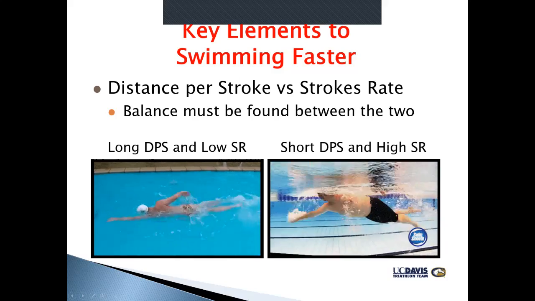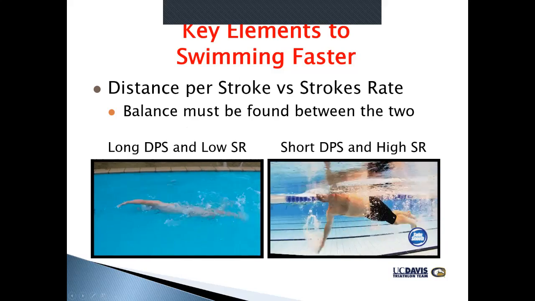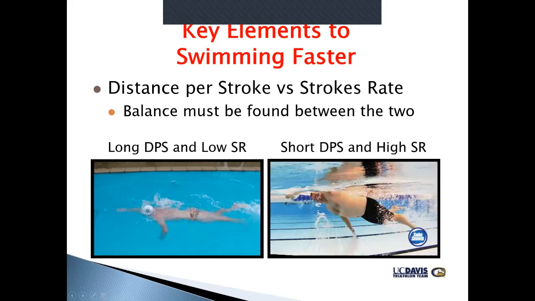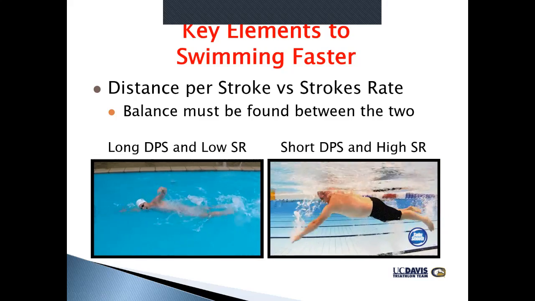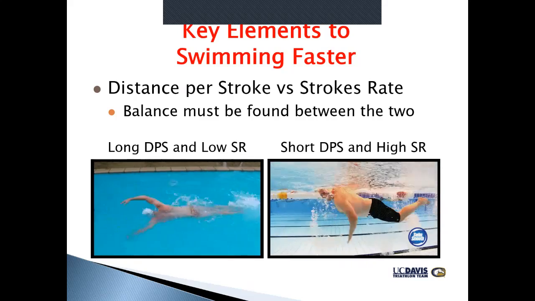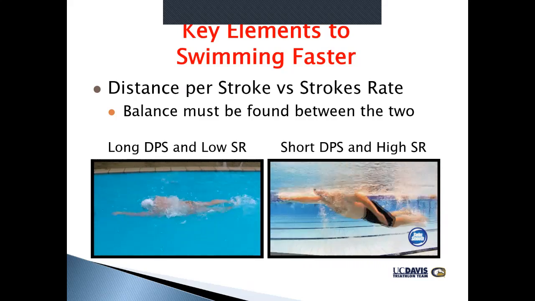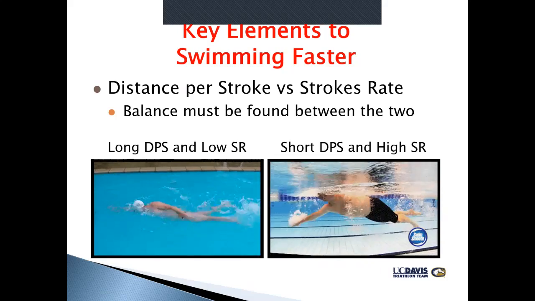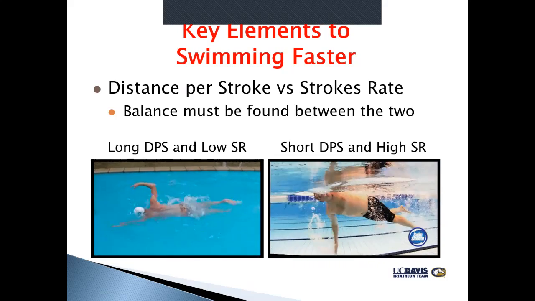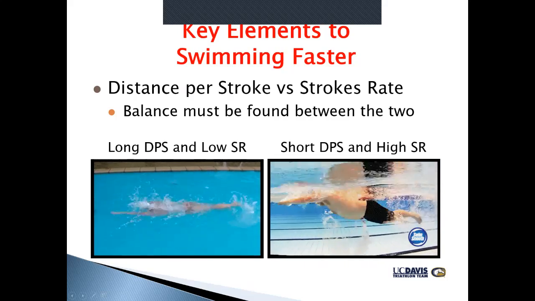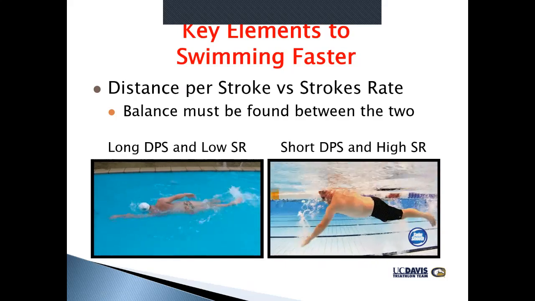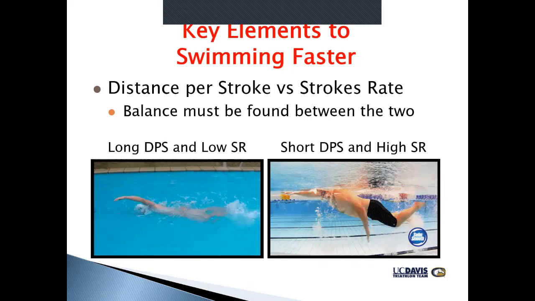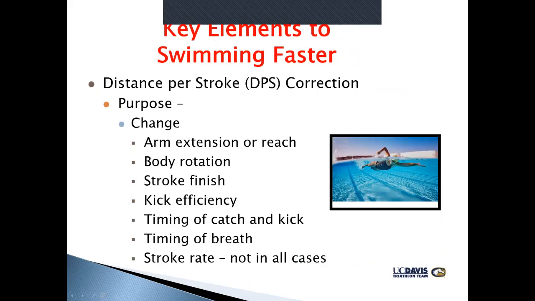On the other hand, a very short distance per stroke, which is shown here on the right, typically has a characteristic of a very high stroke rate. High stroke rate may not be excessively high, but it is high relative to how effective your distance per stroke is.